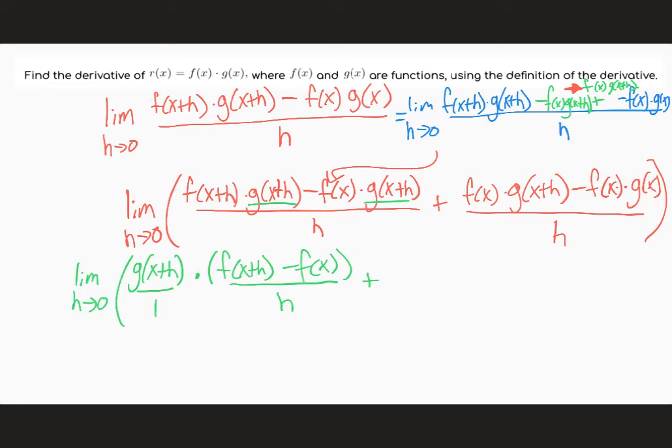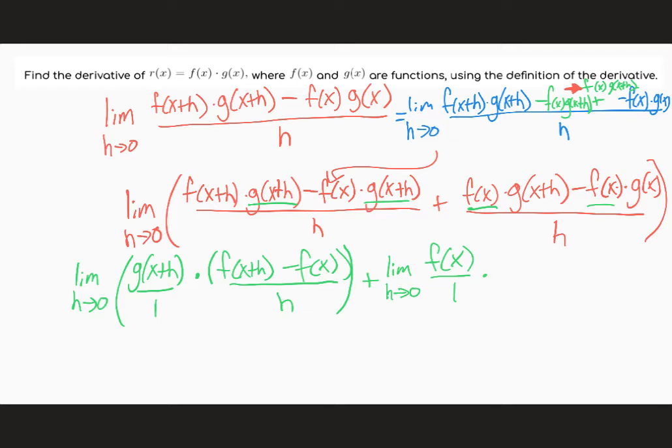Then I'm going to look at the second part of this. And actually, at this point, I'm also going to break this into two separate limits. We know that the limit of two things being added is the same thing as the limit of each of those separately. So we've got the same type of thing. I've got an f of x common in both of these, so I'm going to put f of x over 1 out front.